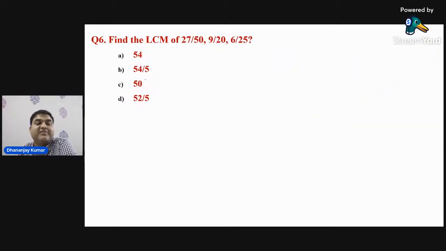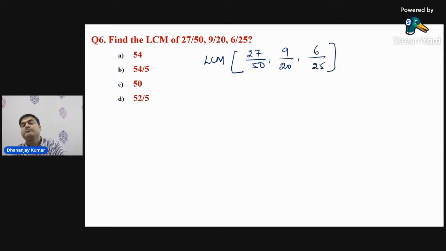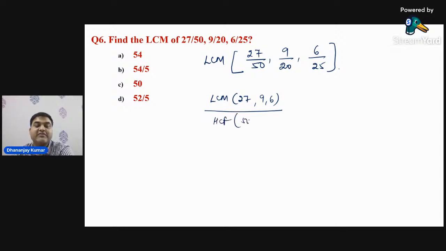Okay, now find the LCM of 27 by 50, 9 by 20, 6 by 25. To find the LCM, we will find the LCM of 27, 9, and 6, and then the HCF of 50, 20, and 25.